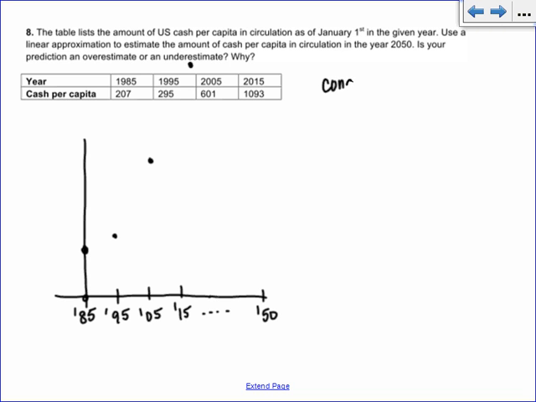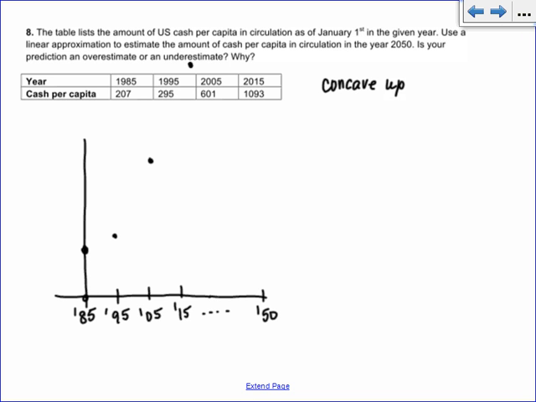Concave up. Okay, so if you remember when we talked about concavity, we had two different definitions. We said a curve is concave up when the tangent lines are always below the curve. That was the first definition. And the second definition is that f is concave up if f prime is increasing throughout that interval. Does that make sense?